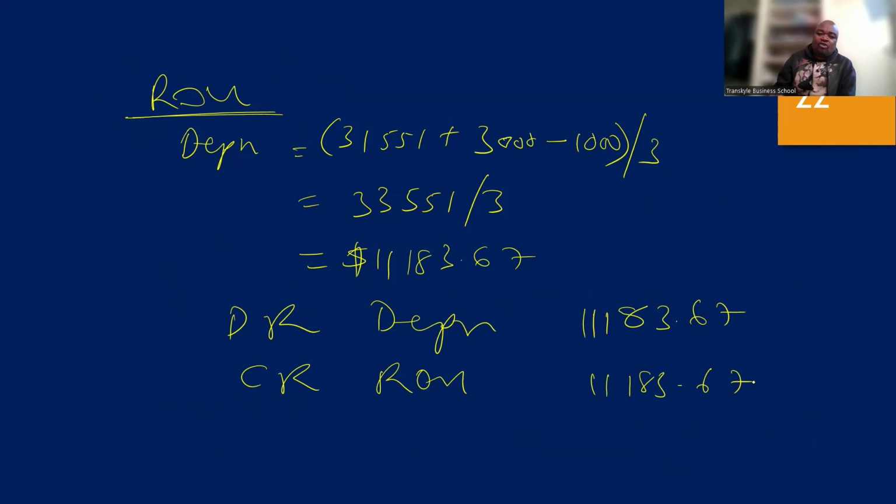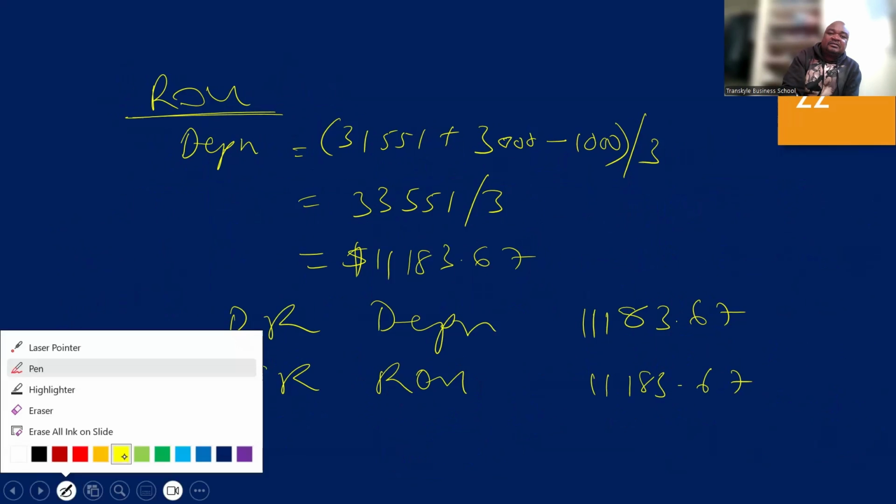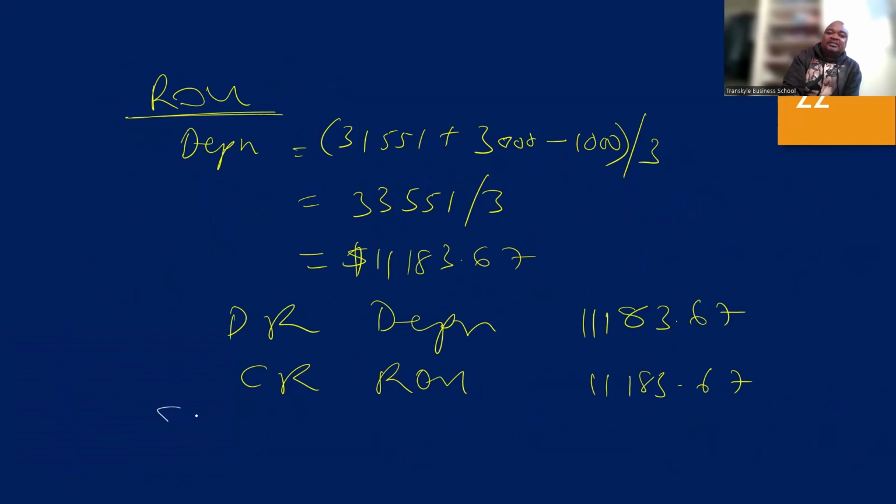So in the SFP, the ROU will be 31,551 plus 3,000 minus 1,000 minus the depreciation of 11,183.67.